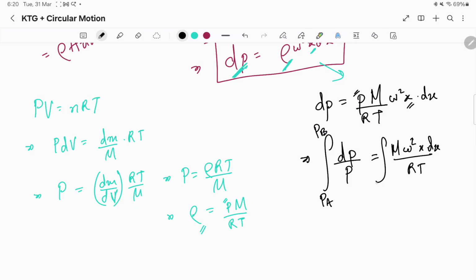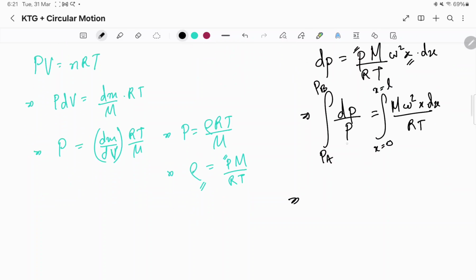For the initial point x is equal to 0, for point B x is equal to L. The integration of 1 by P will be ln, so ln PB divided by PA is equal to, since M, R, T, omega are all constant, the integration of x, which will be L square by 2.